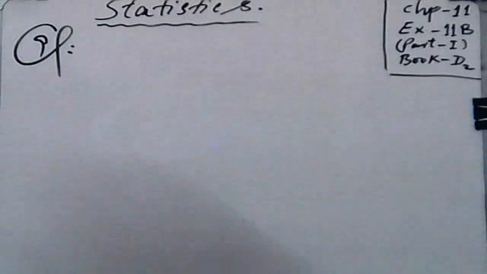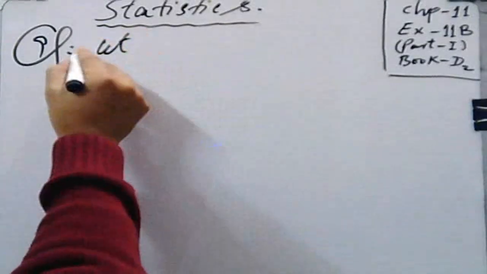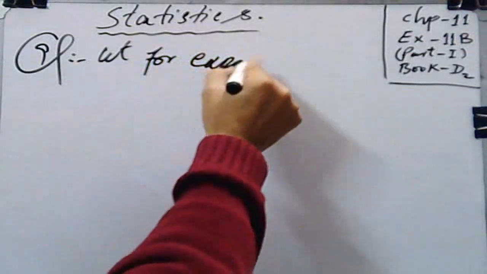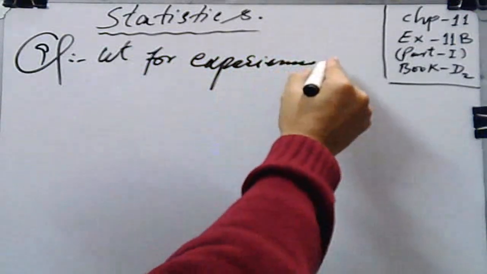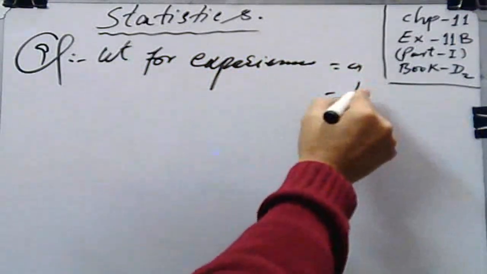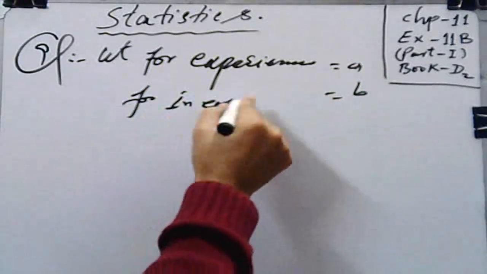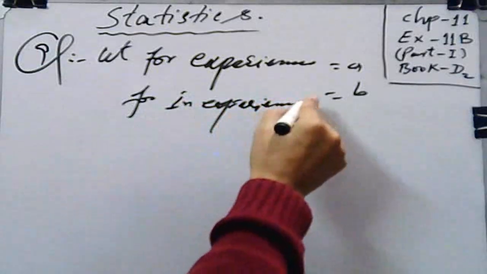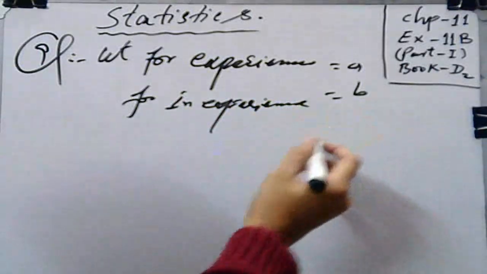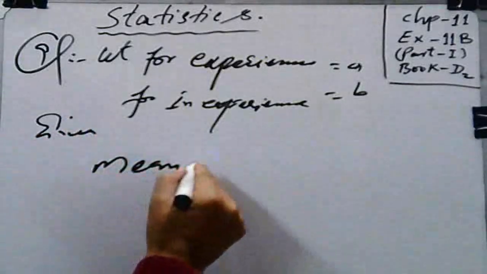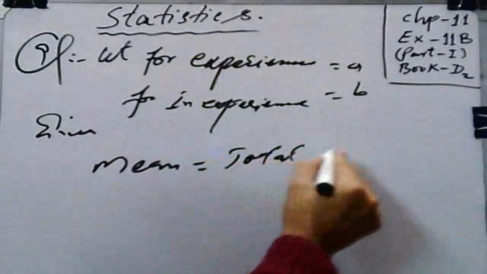Okay, suppose first of all we have 2 types of workers. Let for experienced workers you say that is A, and for inexperienced, suppose you have letter B. So since we have a mean, that is mean is equal to total sum divided by total number.